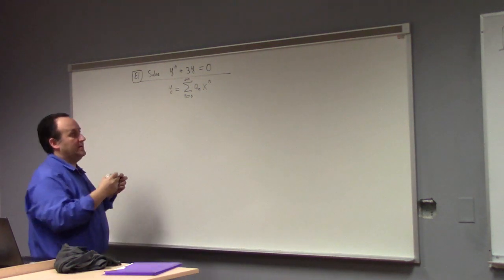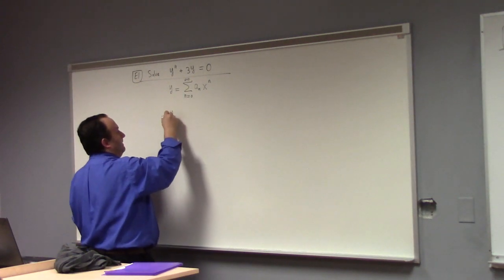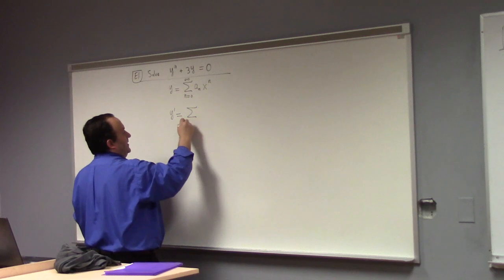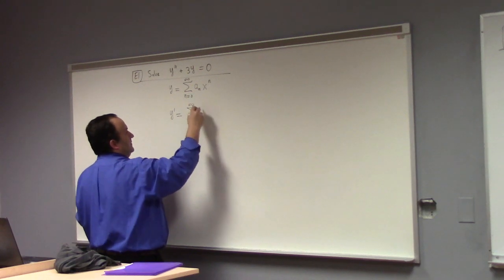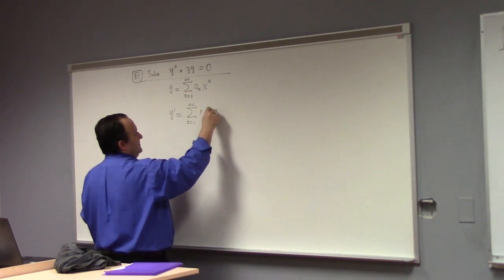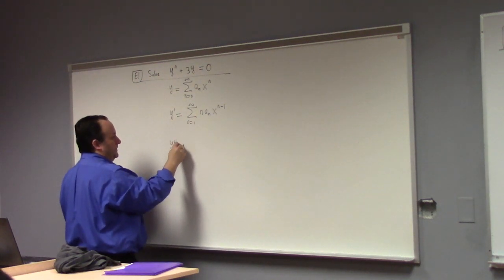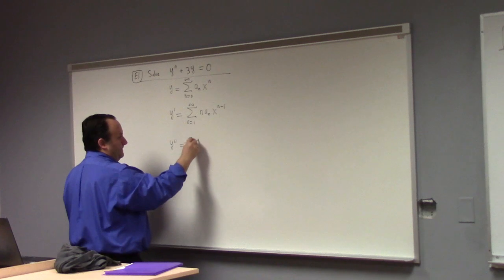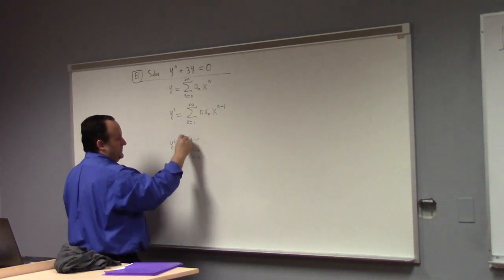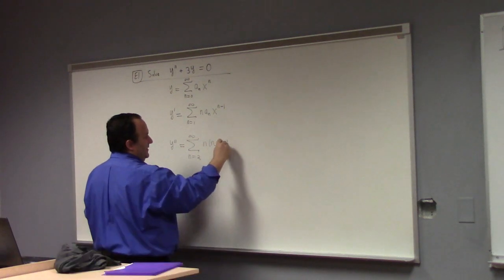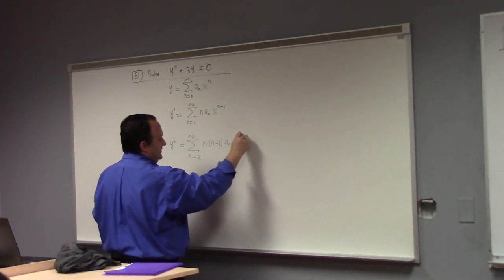Then y prime will be the sum n equals 1 to infinity of n times a sub n x to the n minus 1. And y prime prime will be the sum n equals 2 to infinity of n times n minus 1 times a sub n x to the n minus 2.